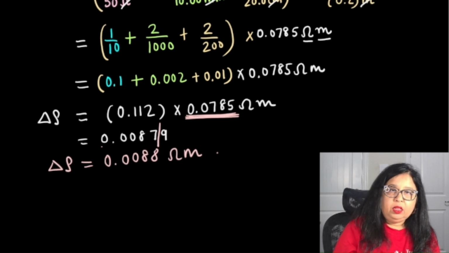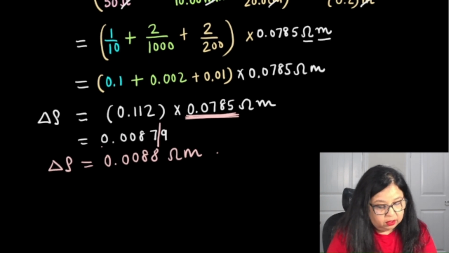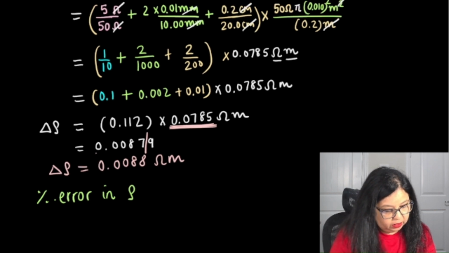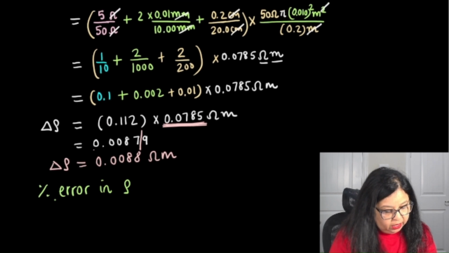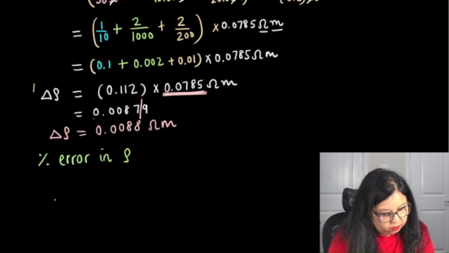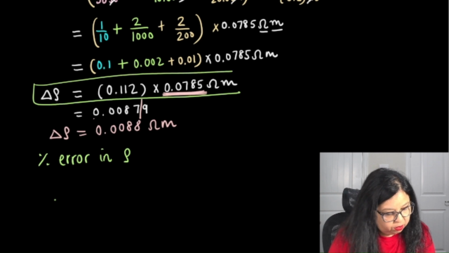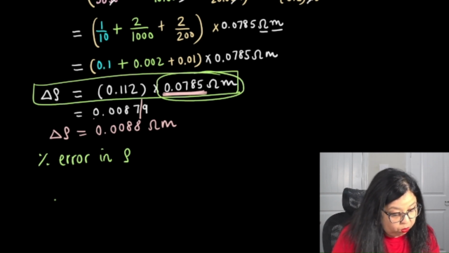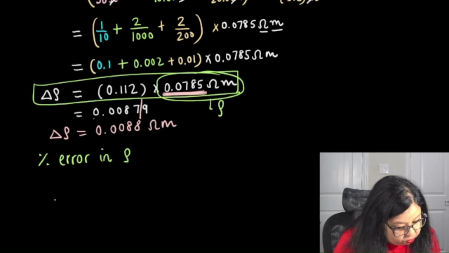Okay. Now, if we were to find the percentage error in the resistivity, then what would we do? Then we have this equation from here. We know that the second factor here is just rho.